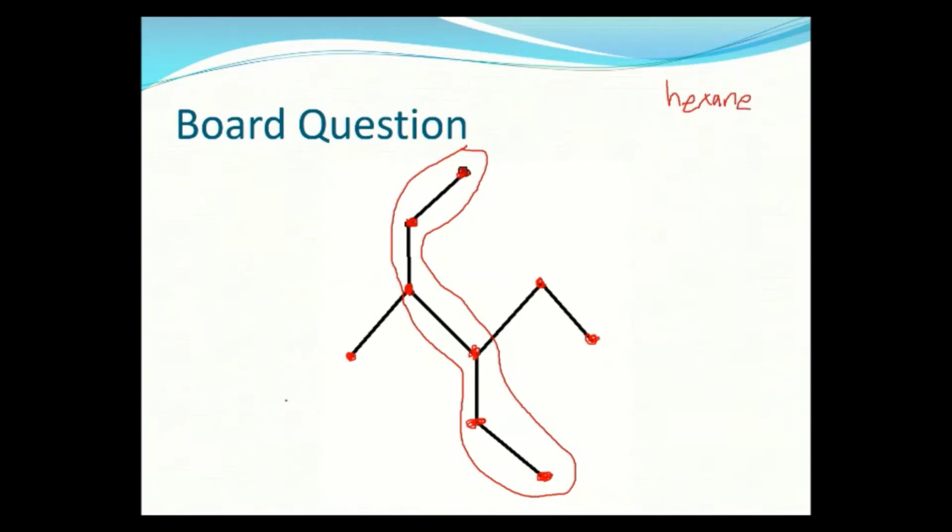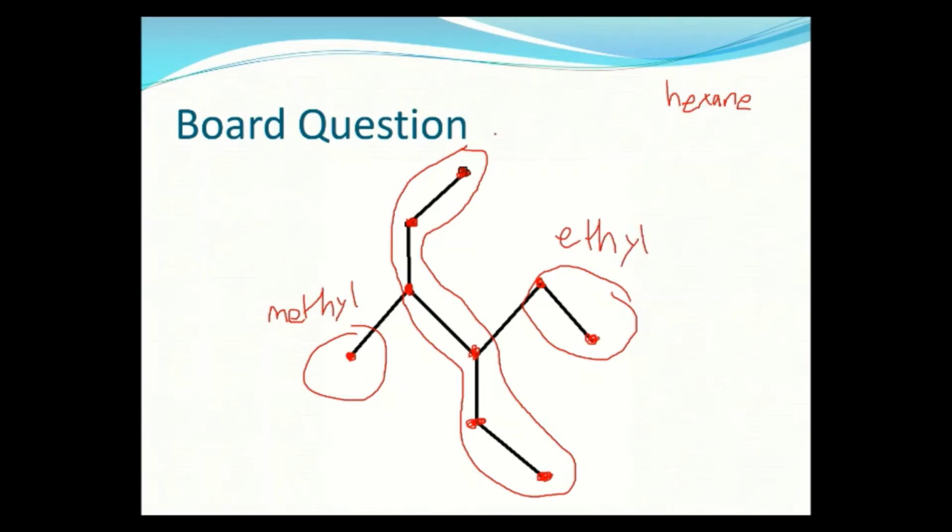So we have this guy with just one carbon coming off. So this is a methyl. And this one has 2 carbons coming off, which is an ethyl. Right? So we can count this as 1, 2, 3, 4. So that would give a 3 and 4.